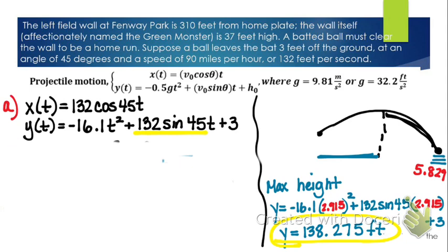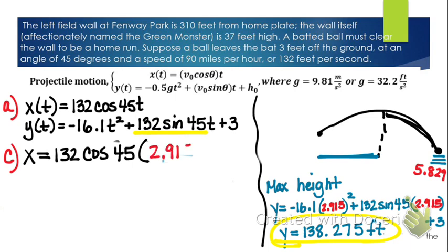So part C, you need to take your X, and we're still using t equals 2.915 at the maximum height. So 132 cosine 45, and multiply that by 2.915. Go ahead, type that in your calculators for the horizontal distance.